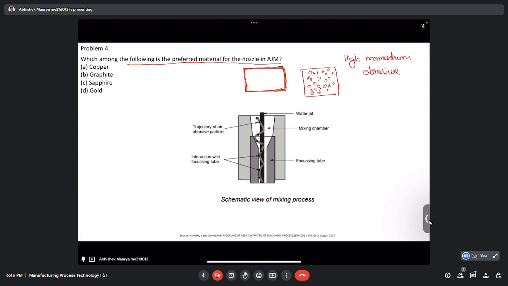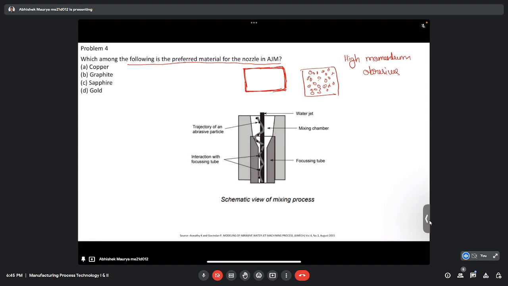And there, if you remember, your Bernoulli principle works. You have a pump, from there you generate high pressure of fluid, and then you convert this high pressure to high velocity. Okay, let's not go there.